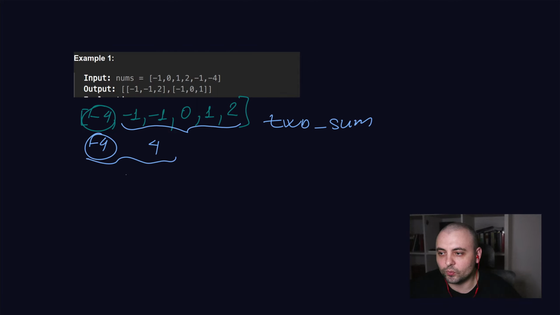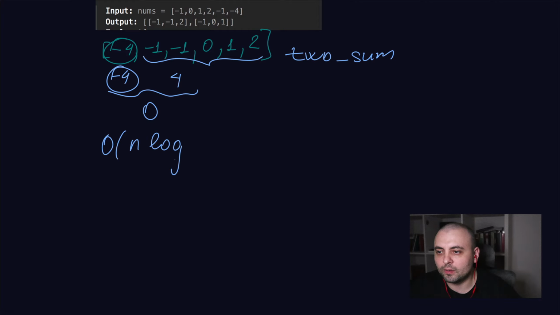So what will be the algorithm in this case? We will have the sorting part being big O of n log n. Then we'll have a loop for each number. Then inside we'll have a loop for the twoSum part.